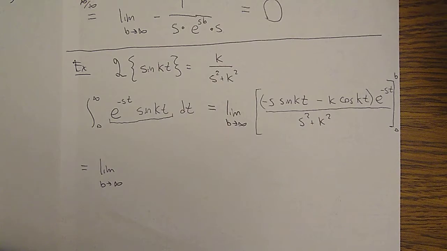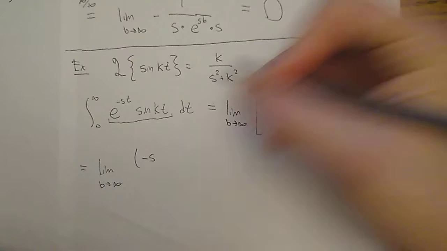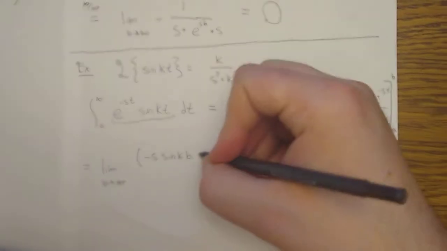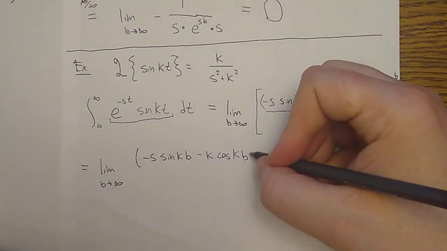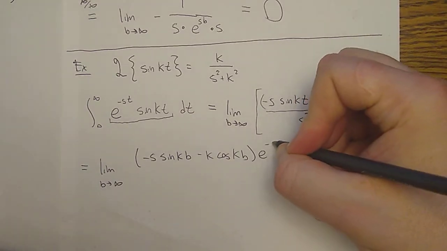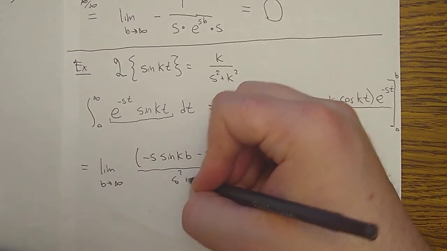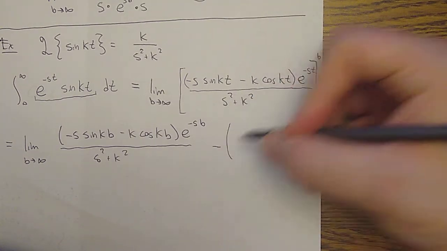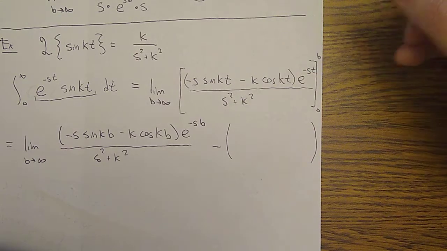So this is the limit as b goes to infinity of negative s sine kb minus k cosine kb, e to the negative sb, over s squared plus k squared, minus, and let me put this in parentheses so I don't forget to distribute anything, I'm going to put in 0 for t.